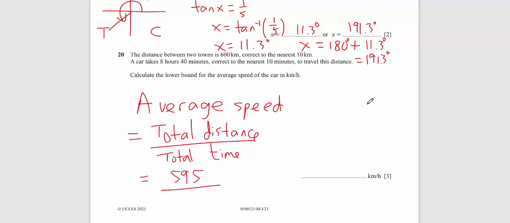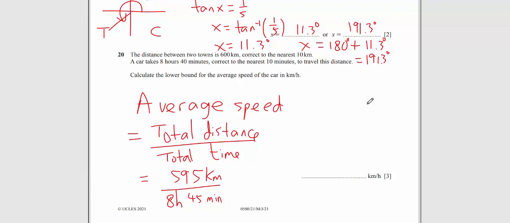And then the total time, we have 8 hours and 40 minutes. But for the time, we want the upper bound. The upper bound will be 8 hours and 45 minutes. But we want this in kilometers per hour.